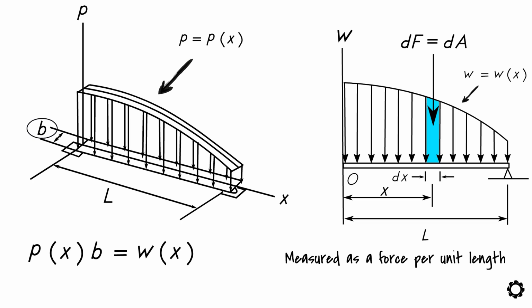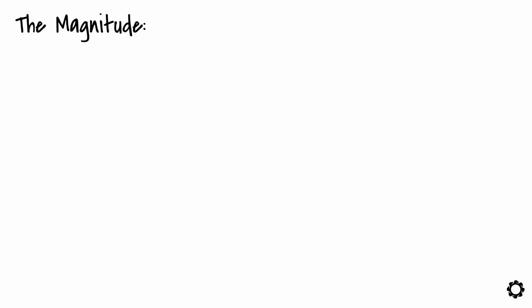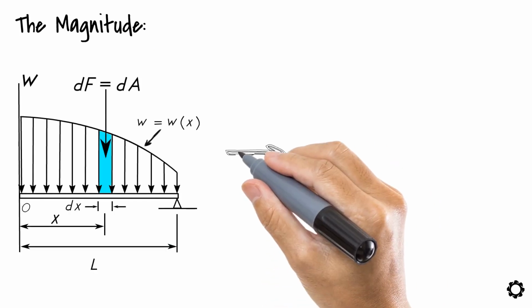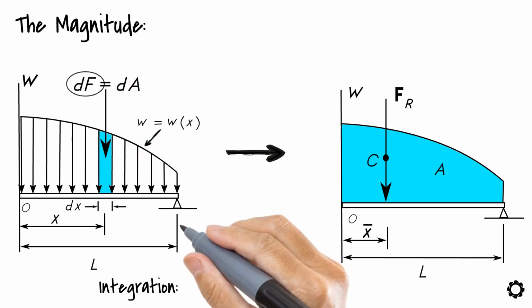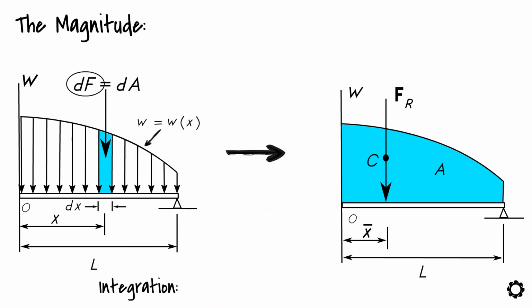Next, we are going to discuss how to simplify a distributed loading into a single resultant force. Normally, if we want to determine the magnitude of a distributed load, the easiest way would be to reduce it to a single resultant force. We can determine the equivalent resultant force by using an integration, because a distributed load is formed by an infinite number of parallel forces dF acting along the length of the structure.